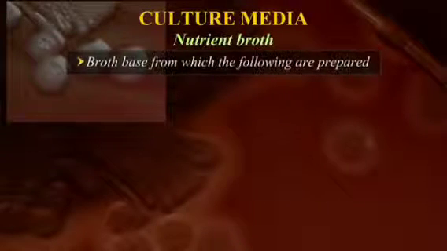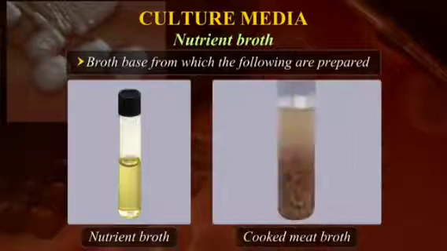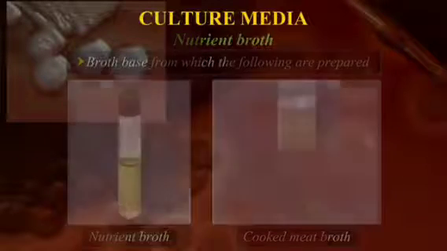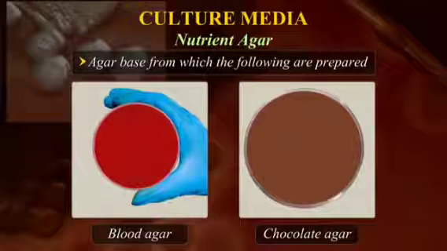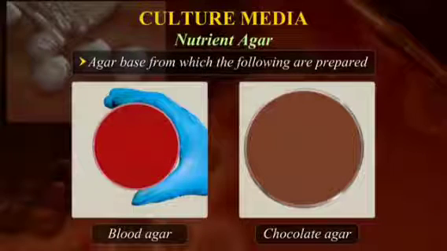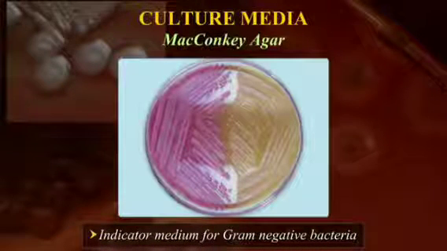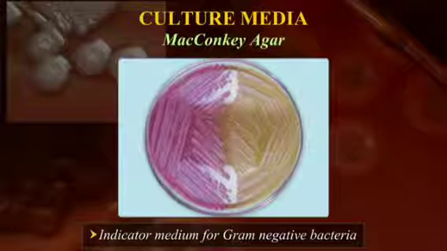Nutrient broth is a broth base from which nutrient broth, cooked meat broth, etc. can be made. Nutrient agar is used to make blood agar, chocolate agar, etc. MacConkey agar is used mostly as an indicator medium for gram-negative bacteria.